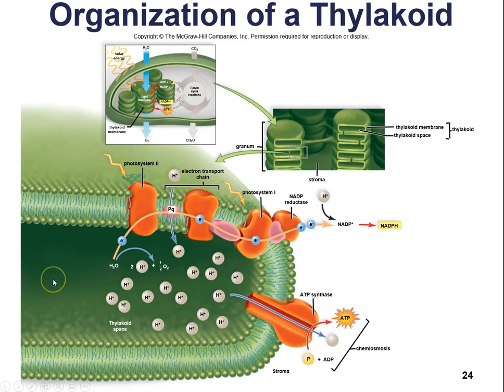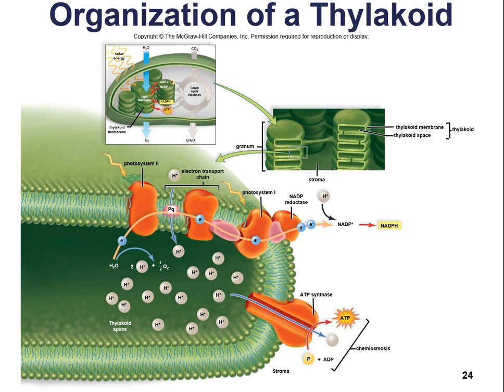Okay, so again, for our purposes, let's just think of this as electrons basically being passed from molecule to molecule through the electron transport chain. Each time they're passed, hydrogen ions are released. These hydrogen ions accumulate in the thylakoid space. Now, what does this do? This sets up a steep concentration gradient, right?